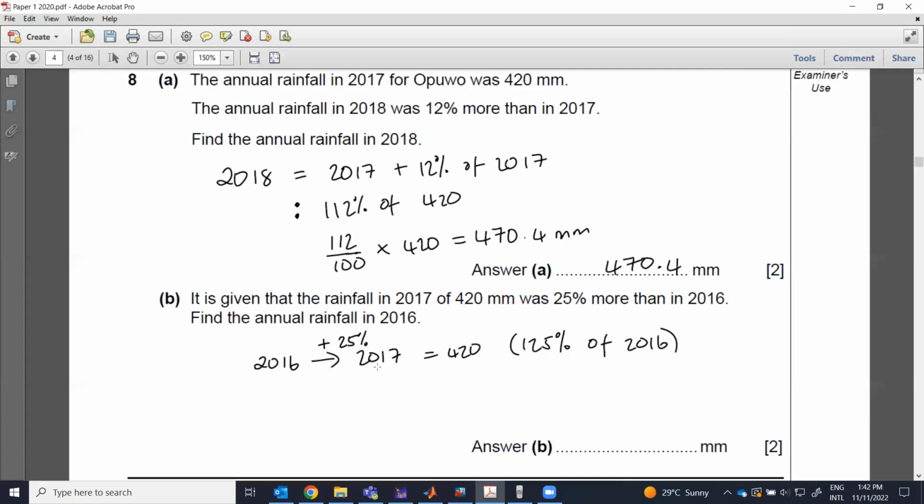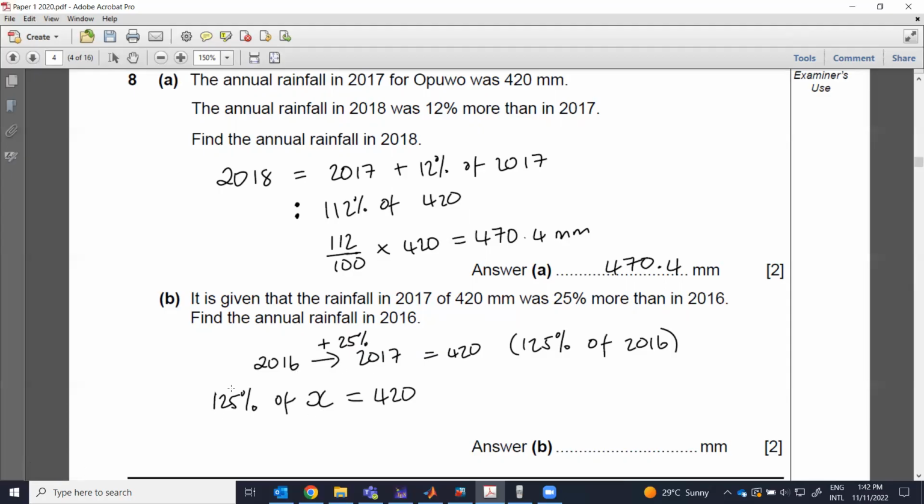All right, so the rainfall in 2017 is 125% of the amount we got in 2016. So if we take 125% of 2016's rainfall, we call it X, we don't know what it is. This must give us 420.